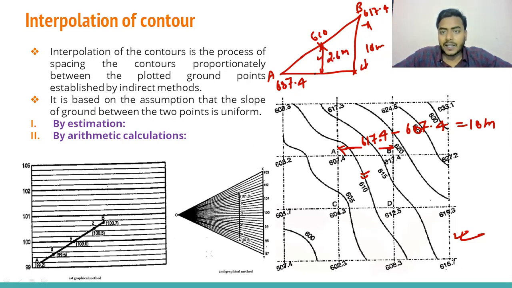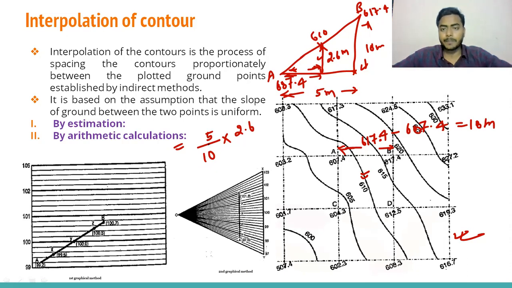So now we have the vertical, then we can calculate the horizontal one. The horizontal distance between A to B, just assume here like 5 meter. So what will be this height? We can calculate here 5 divided by 10, then into 2.6.